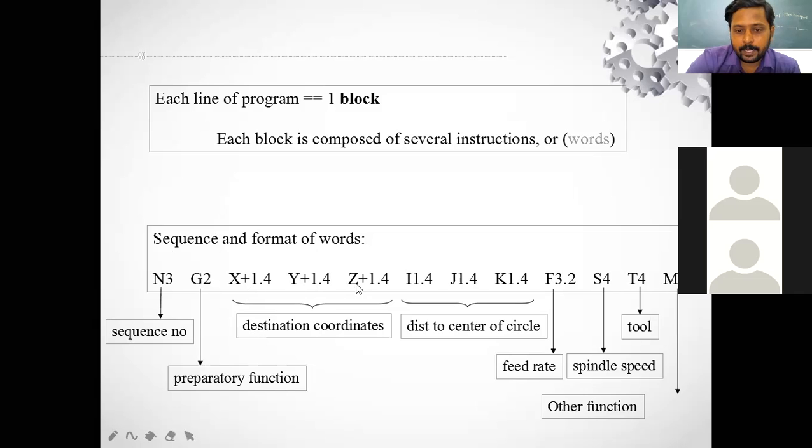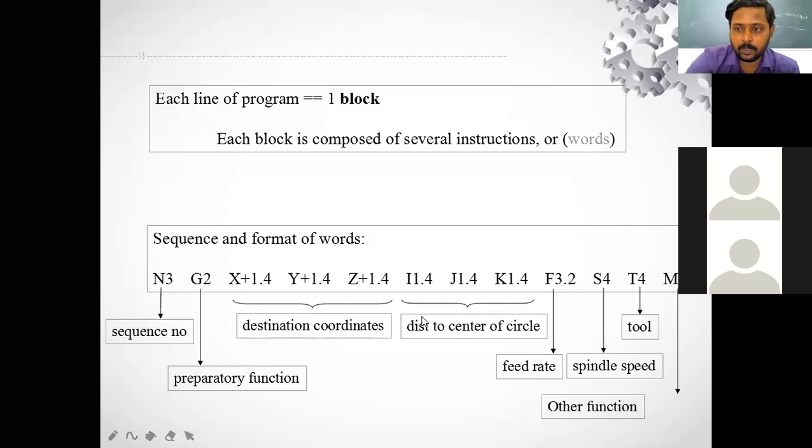Then X, Y and Z are the destination coordinates: from which point the tool is going to move towards which point. That destination is to be provided by using X, Y and Z. And distance to center of circle, you should not consider this part.